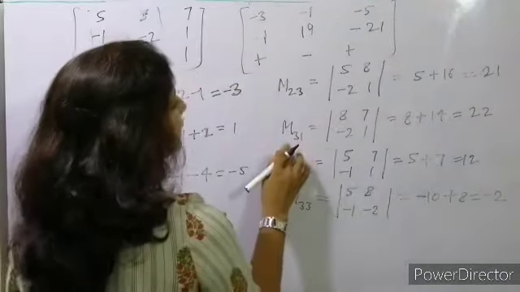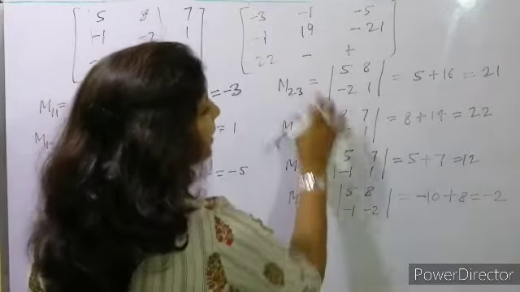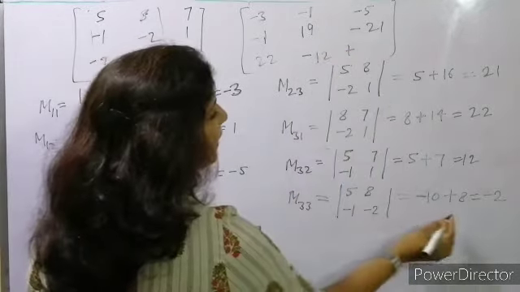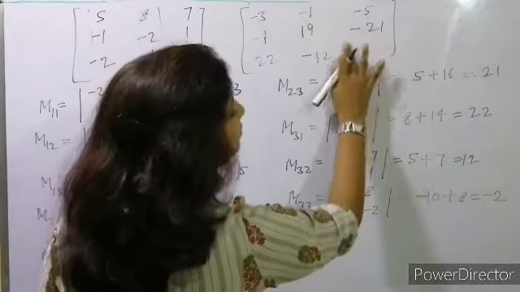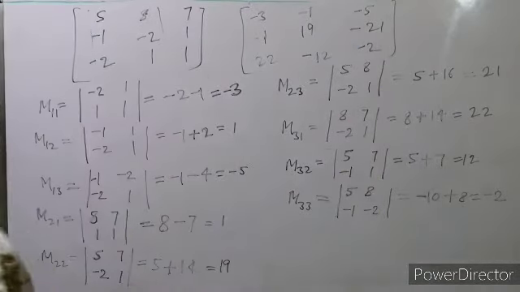Now 3 1 is 22, so plus 22, minus 12 and minus 2, so plus into minus 2 will be minus 2. So this is the matrix of cofactors.